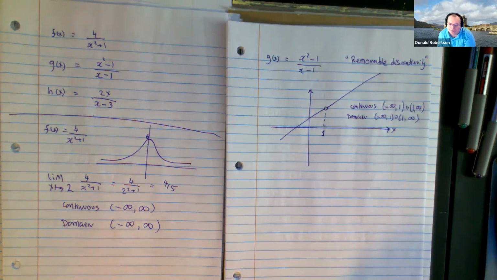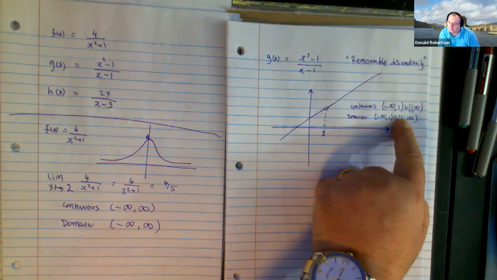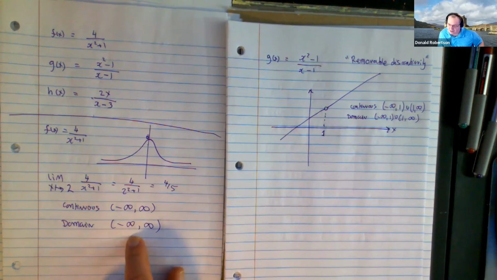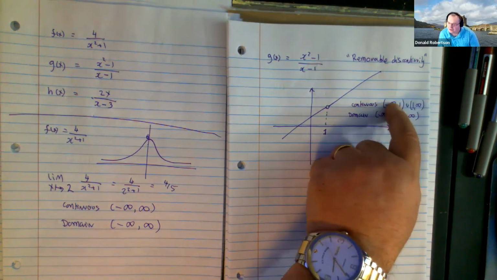And that's not a coincidence. For rational functions, if you know the domain, you know where it's continuous, because the rational function is only continuous on its domain. In other words, any number on its domain is going to be continuous in that place. So you see these will be equal to each other. You notice that domain and where it's continuous are equal to each other.